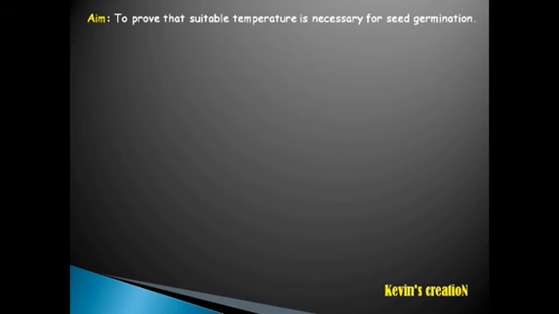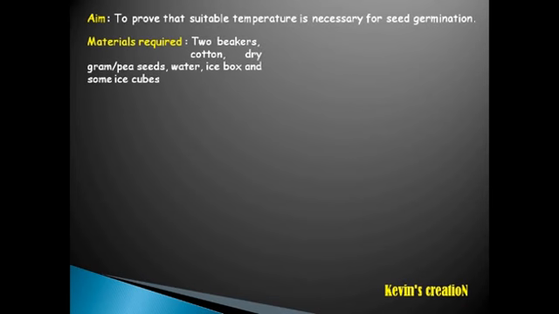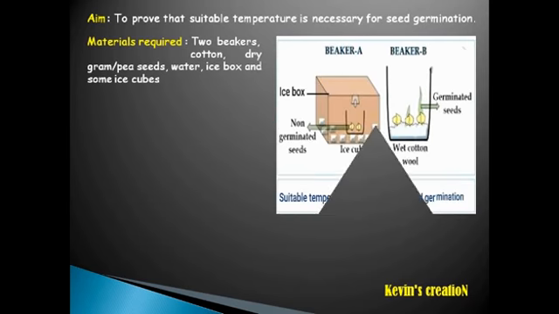Now just like the others, we will prove that a suitable temperature range is necessary for seed germination. Materials required: 2 beakers, cotton, dry gram or pea seeds, water. One more thing we have added here: an ice box and some ice cubes to show the difference in temperature.